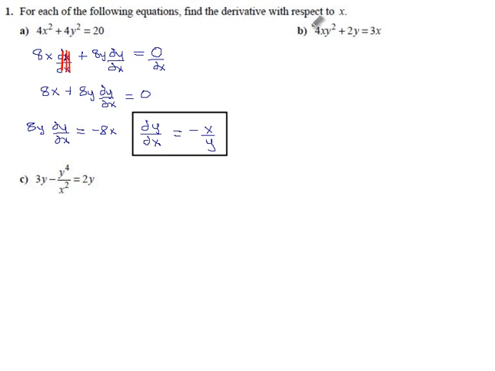B, here we have product rule because we have x times y. Two different variables is always product rule. And the product rule says to do first d second, which would be 2y dy.